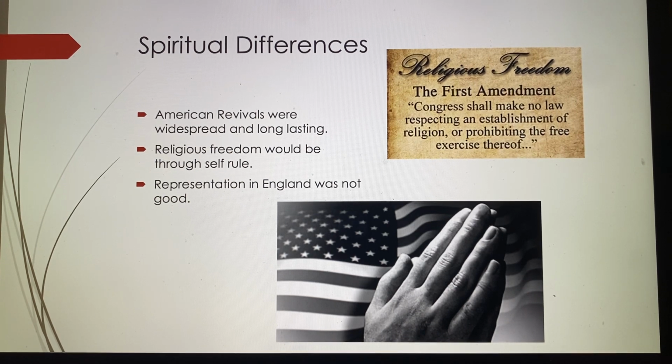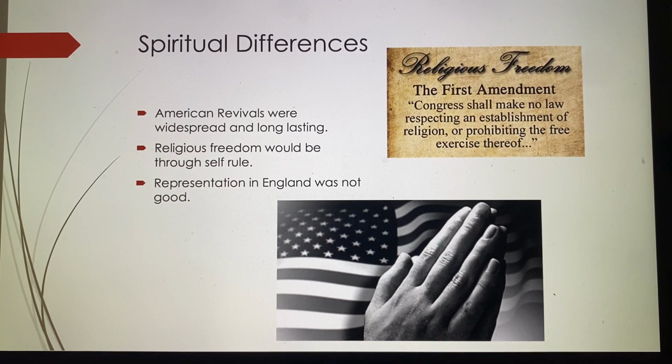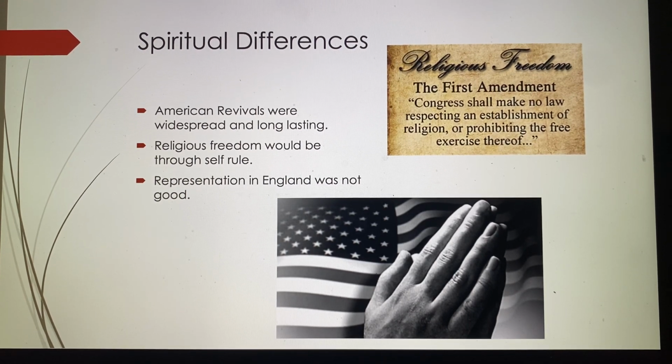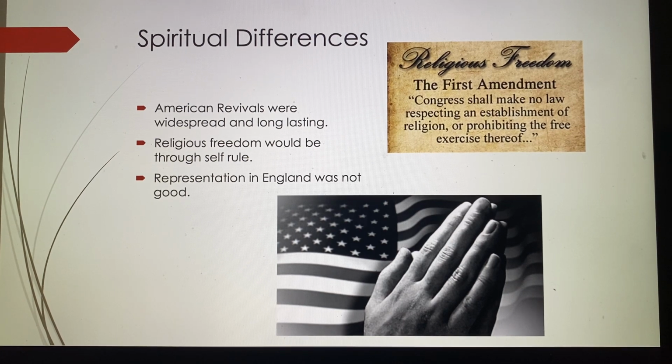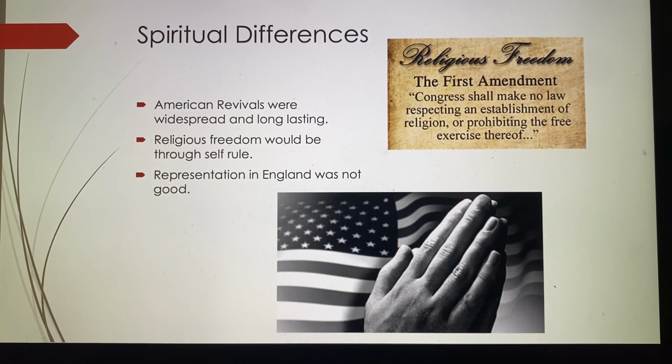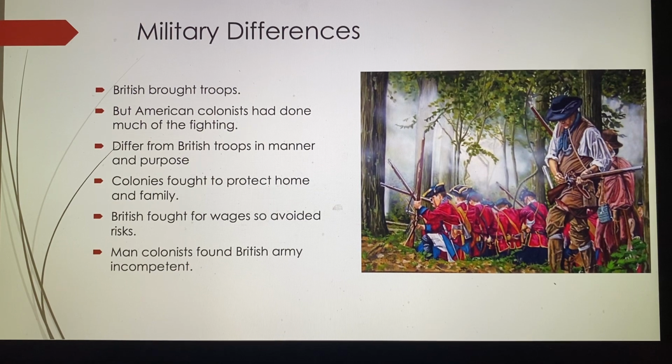Colonists were not being represented in England for any reason, right? And so the religious freedom later would lead to the First Amendment, where it says, Congress shall make no law respecting the establishment of religion or prohibiting the free exercise thereof. So that was happening.